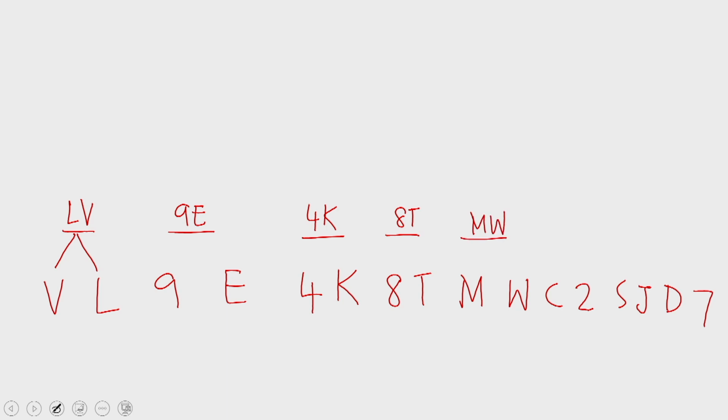M, W, C2 are not in sorted order, so they will be put right, 2C. J, S are in sorted order, and then 7D. So, this is what happens at the end of the third stage.